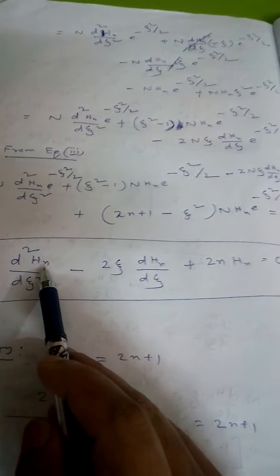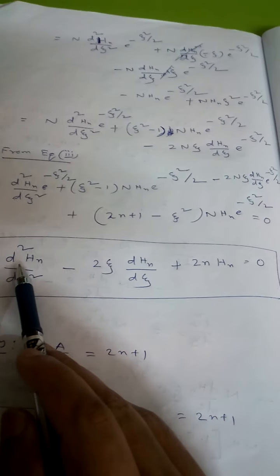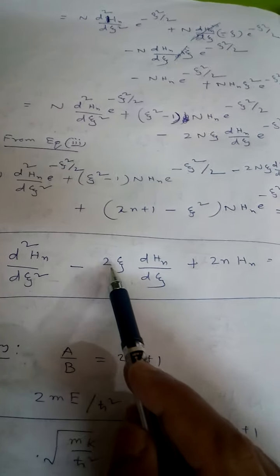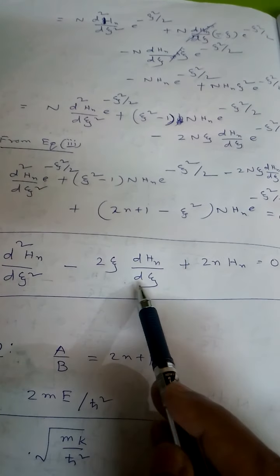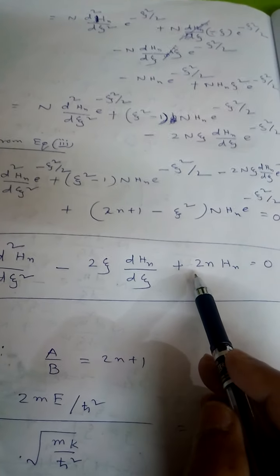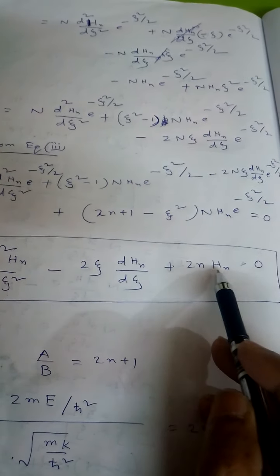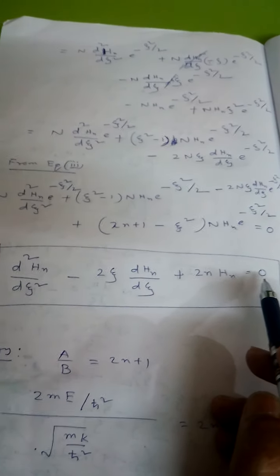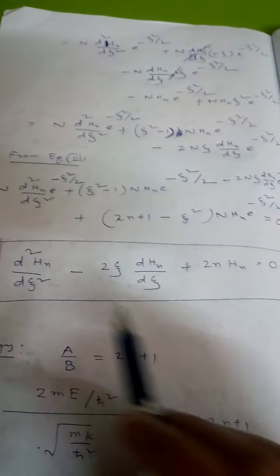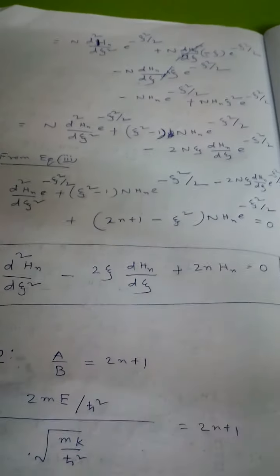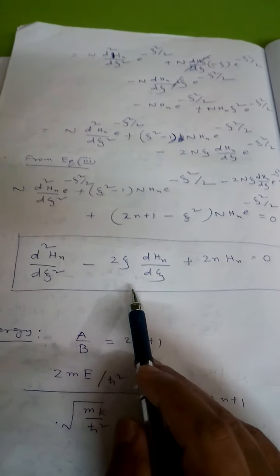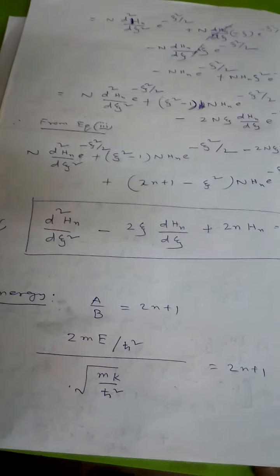The previous expression was in terms of psi; now it is expressed in terms of Hermite polynomial: d square Hn by d xi square minus 2 xi dHn by d xi plus 2n Hn equals 0. So this is the revised differential equation for the harmonic oscillator problem in quantum mechanics.